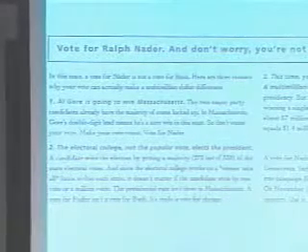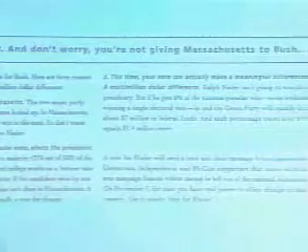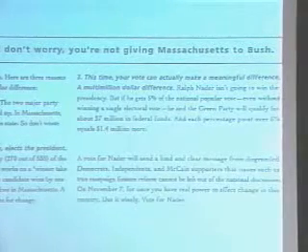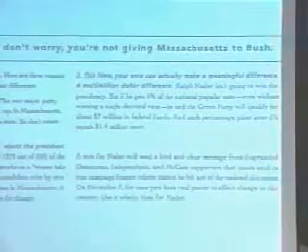In a state like Massachusetts that was clearly going to go for Gore, you could vote for Nader, get him some of the popular vote. Similarly, in Texas, which was clearly going to go for Bush, you could vote for Nader instead of Gore because you weren't going to hurt him. There's a whole big, long explanation on this ad about how that was all going to work.